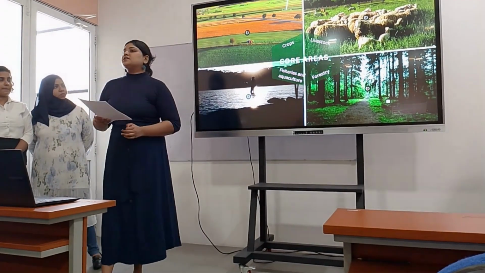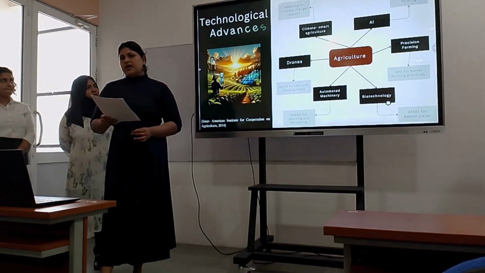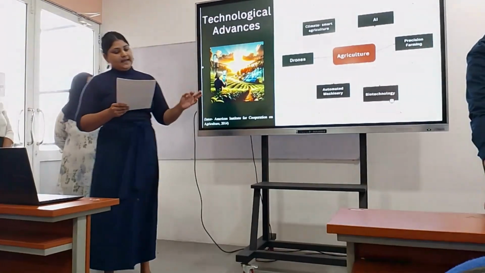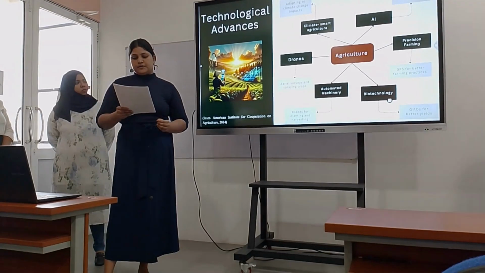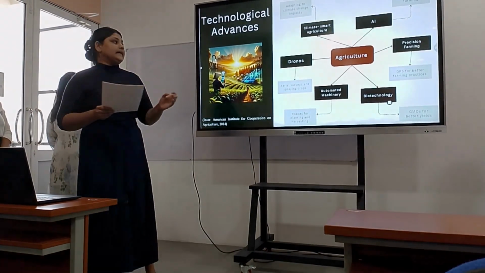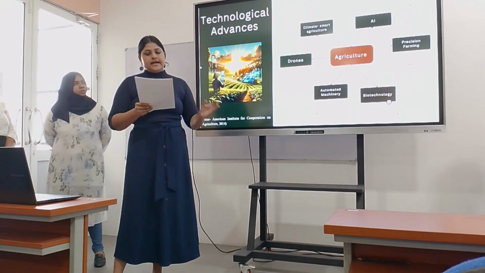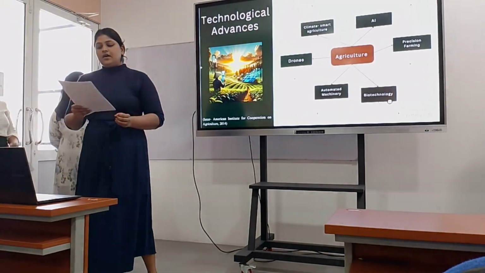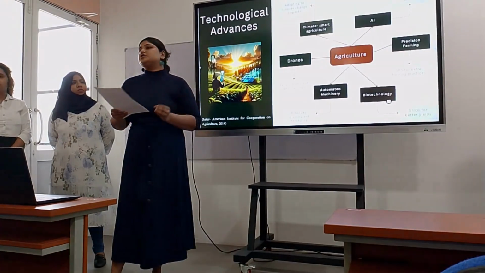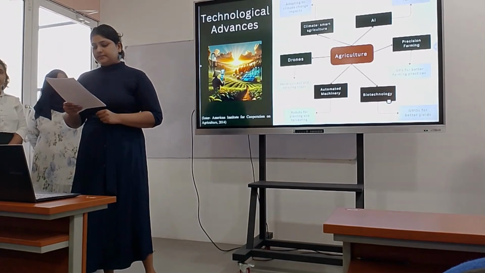Moving to the technological advances in agriculture, they have revolutionized this industry. Drones and AI refine crop management, while robots and machinery make planting and harvesting easier. GPS helps with precise farming, while climate smart practices address climate change in the agricultural field.